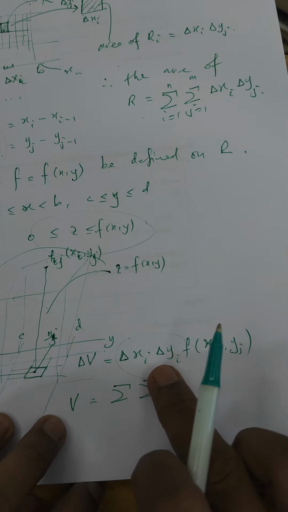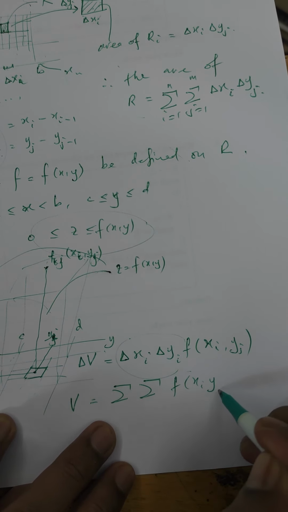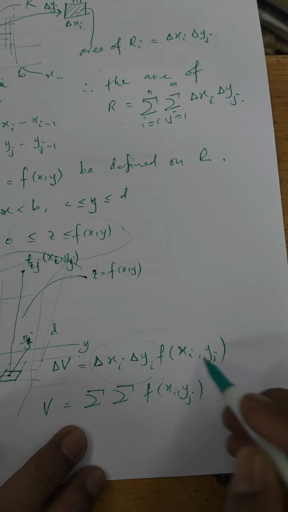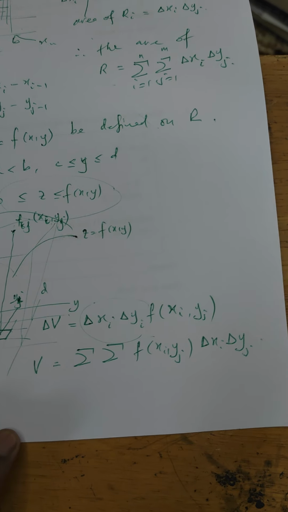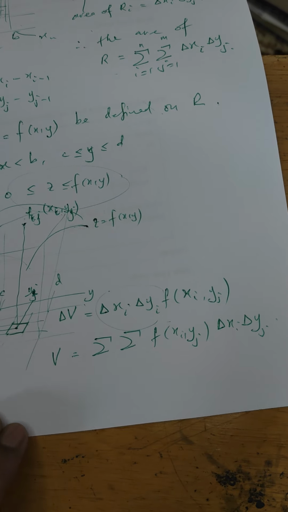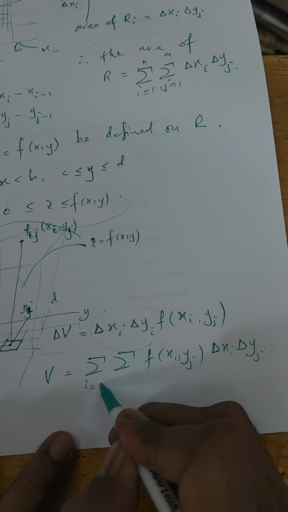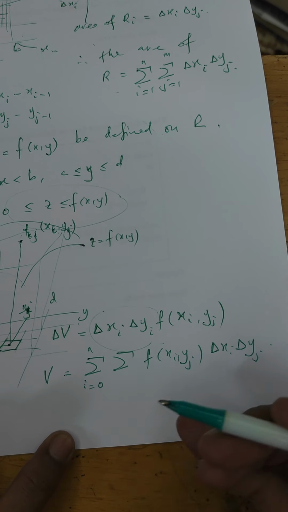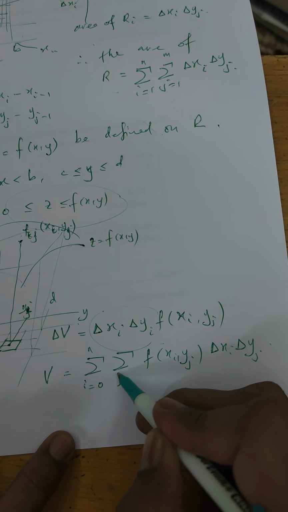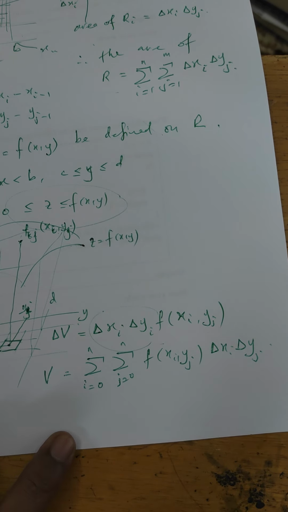So we have f(x_i, y_j) Δx_i Δy_j, with i from 0 to n, or you can make i equal to 1, it is still okay, and j from 0 to m, so that we have x_0, y_0, and so on and so forth.